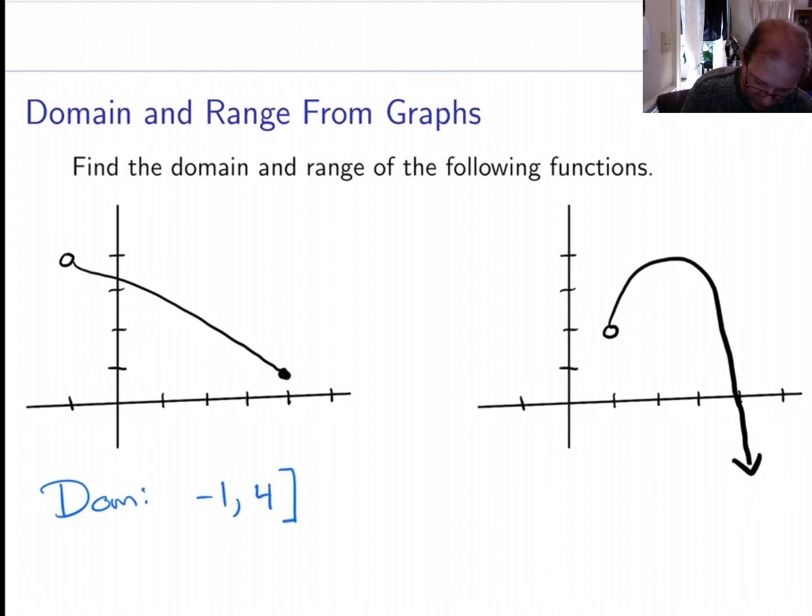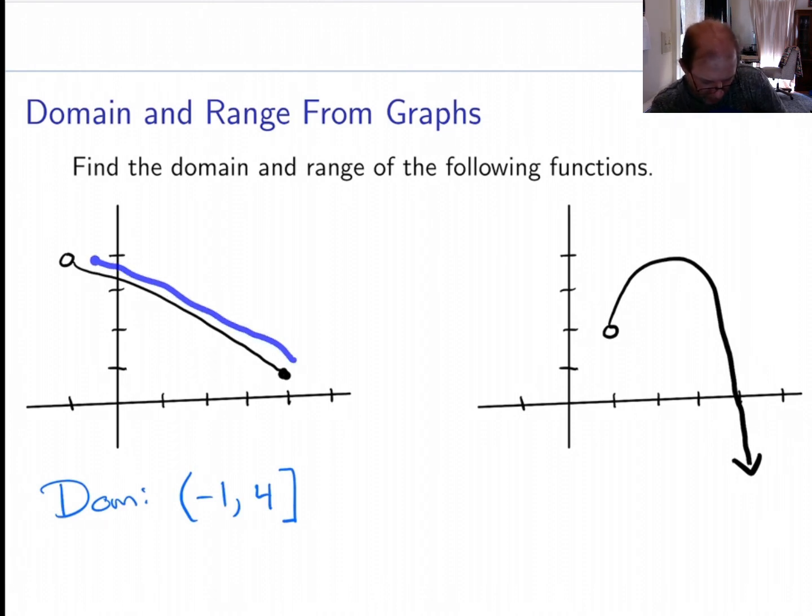So we include 4, but we don't include the negative 1. Reason being, as we go up here, it contains all these points up until this last one. The open circle means that that point's not contained. So its domain is everything from negative 1 to 4, but not including negative 1.